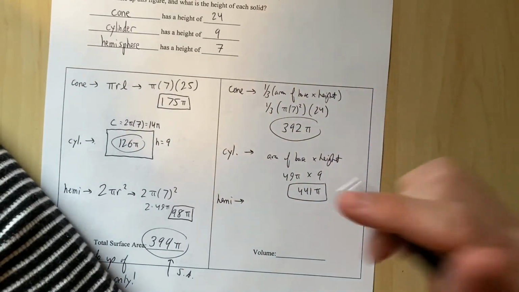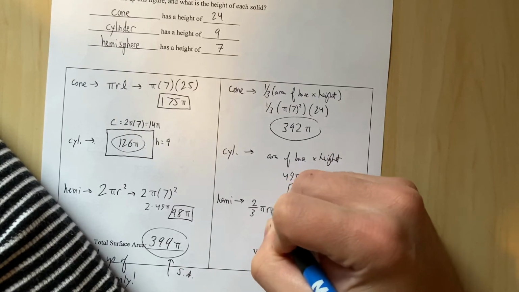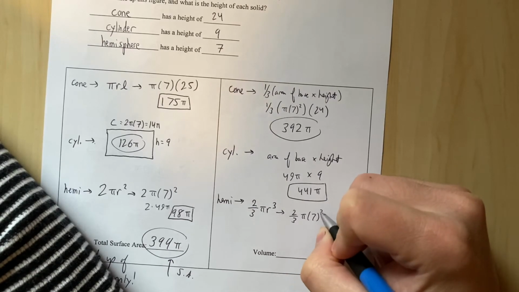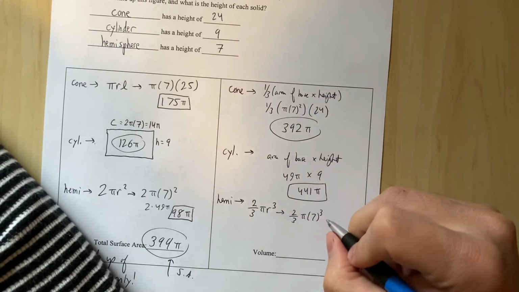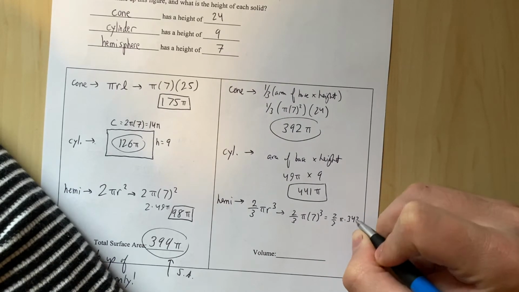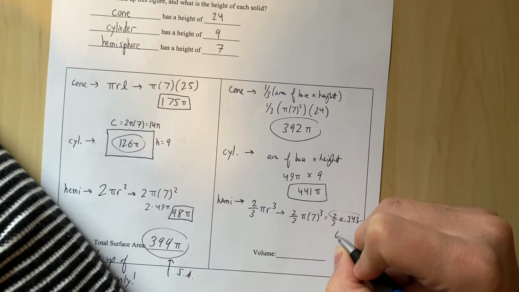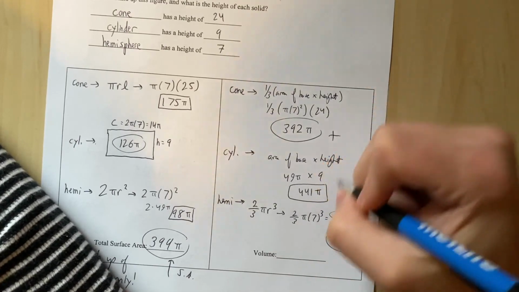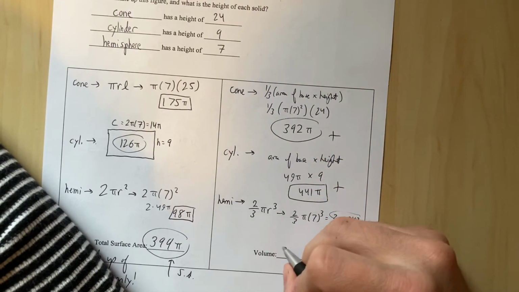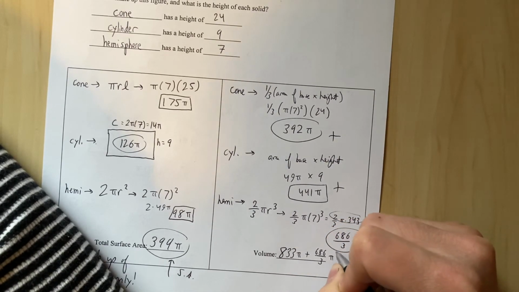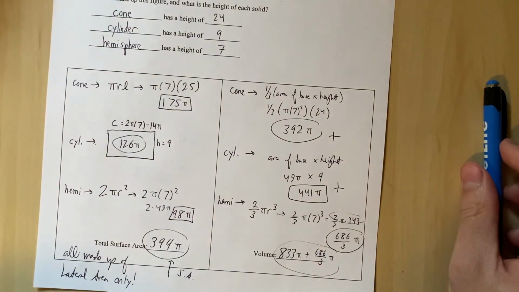And the hemisphere has a volume of 2/3 pi r cubed, which is 2/3 pi of 7 cubed. If you want to see the full work, it's 2/3 of 343 pi, so that would be 686 over 3 pi. And if I add all this together, my total volume will be 833 pi plus 686 over 3 pi. And there you have it.